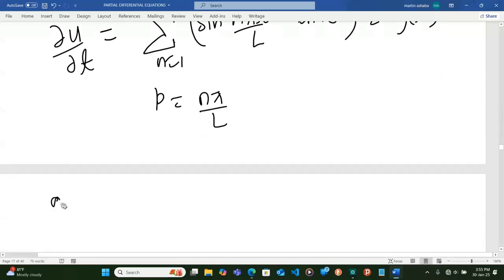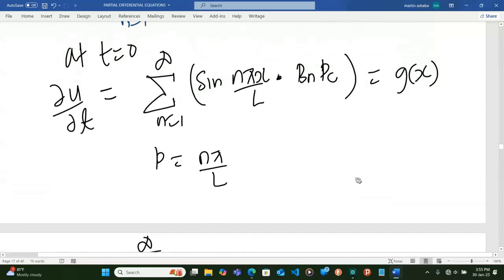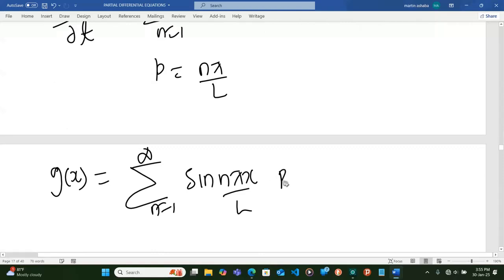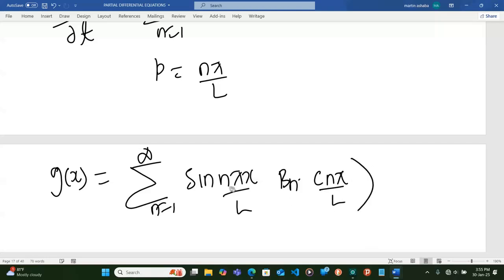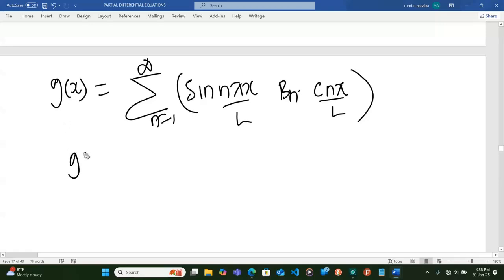So G of X will equal the sum from n equals 1 up to infinity of sine n pi x out of L times Bn, times, we said, C n pi out of L. So we can put this outside and we shall have G of X.